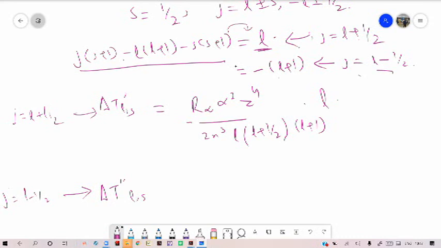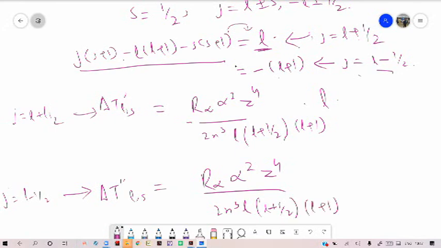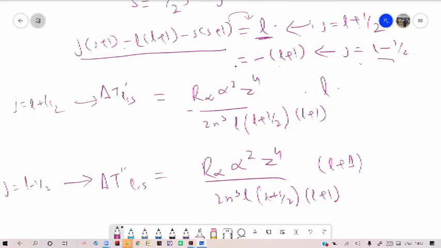And this will be equal to R infinity alpha square Z^4 divided by 2n cube, L plus 1 by 2 into L plus 1. Here it is again L plus 1 because of that J into J plus 1 minus that factor.